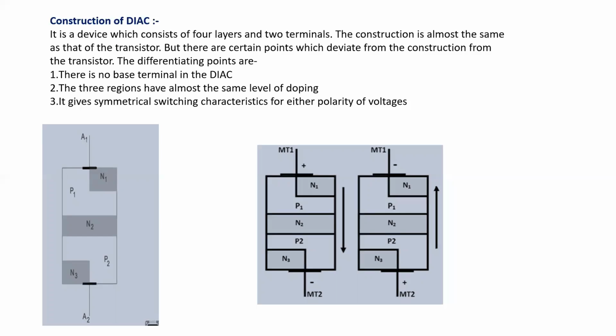In another way, if we say that terminal MT2 is positive, at that time the current flows from terminal MT2, which is positive, then layer N3, layer P2, layer N2, then layer P1, then layer N1, and lastly the terminal MT1, which has negative polarity.